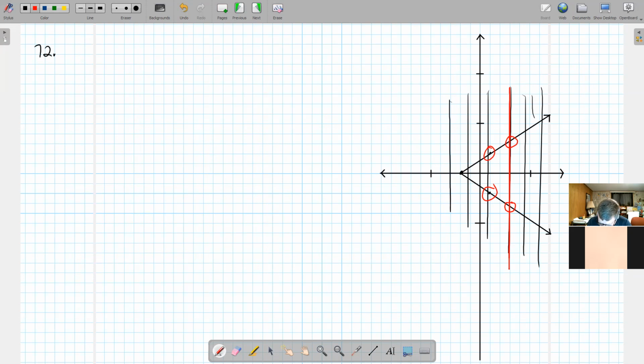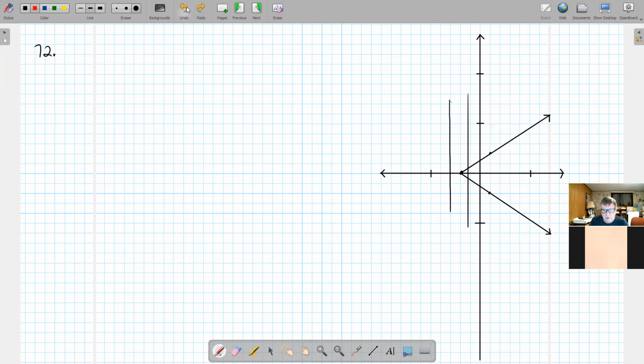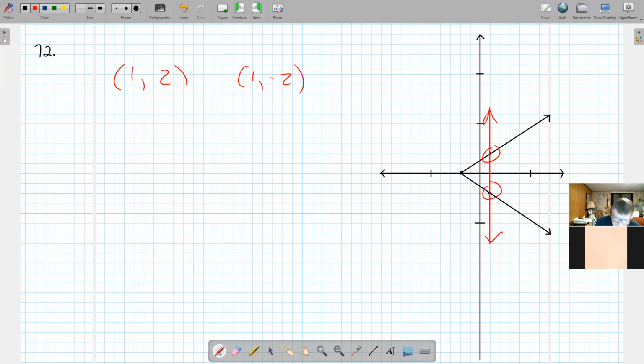So let's see. In fact, let's get rid of all this mess here. We'll go back to, and let's just take a look at this line right here. Okay. When x is 1, y is 2, and when x is 1, y is -2.